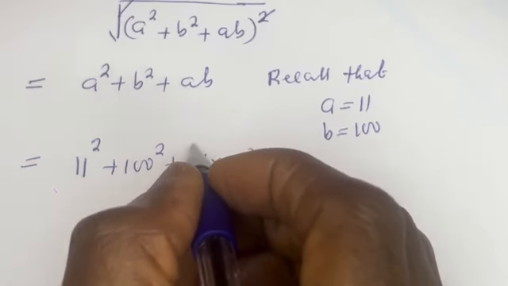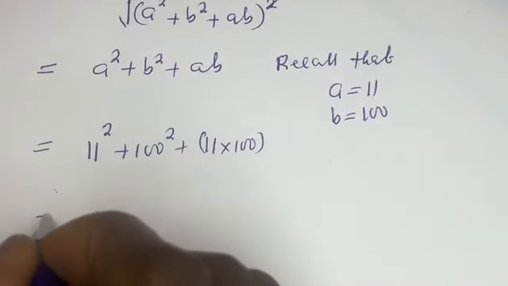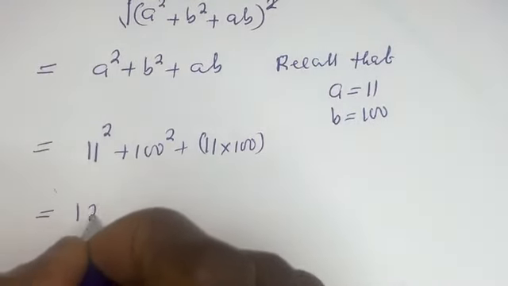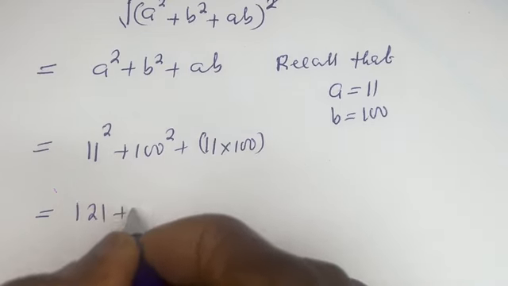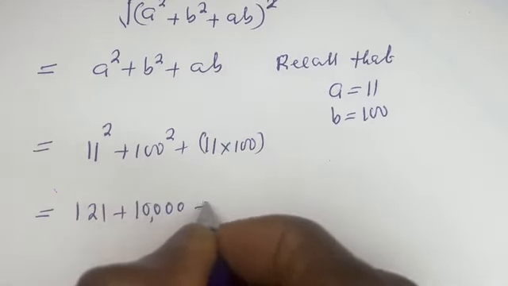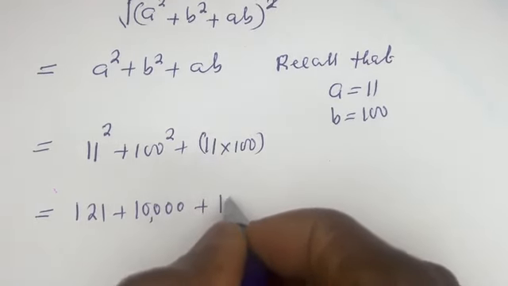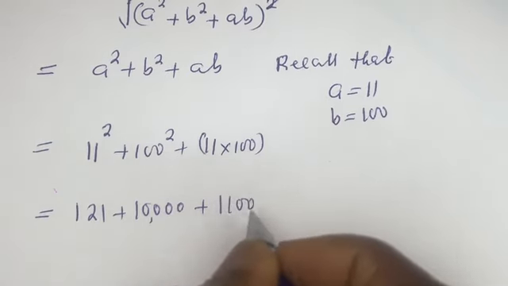This is equal to 11 square, 121, plus 100 square, that is 10,000, plus 11 multiplied by 100, that is 1,100.